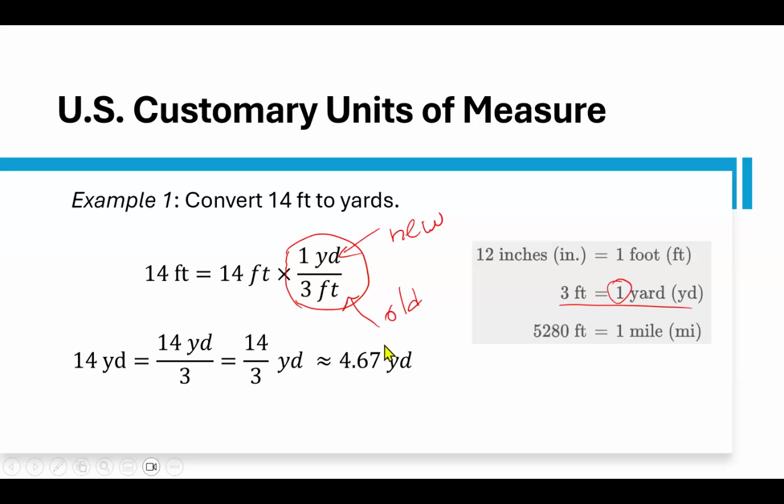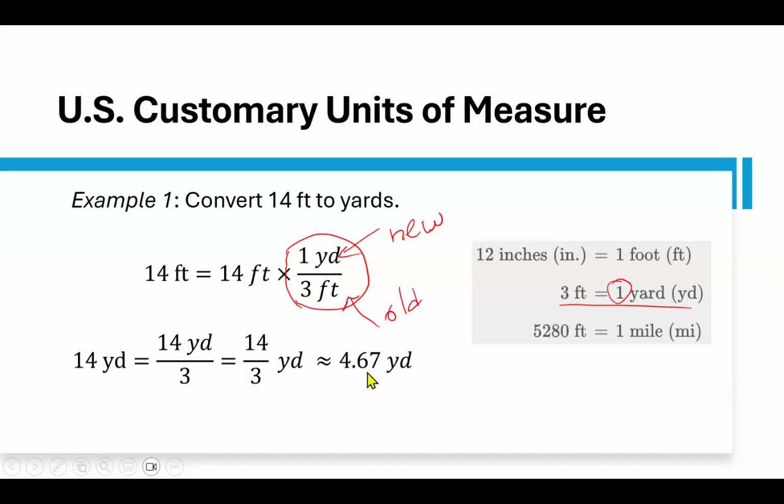So just keep that in mind when you're doing your homework. I do recommend that you look at the instructions. If there is no rounding rule and the decimal is an infinite decimal, like in this case, when you do this division in the calculator, you get 0.66666, it's better to leave the answer as a fraction rather than put it in decimal.